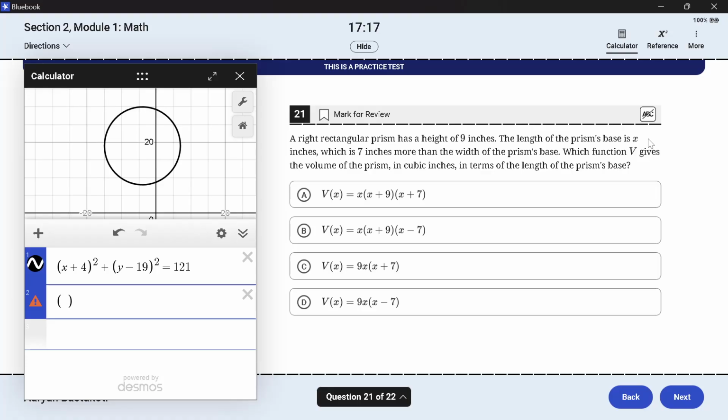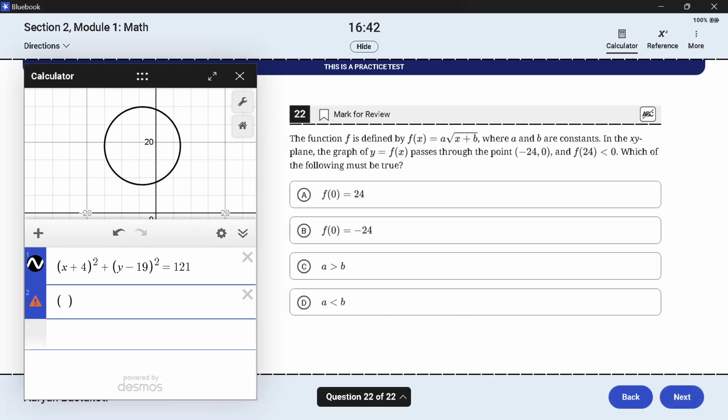So length is x inches and width is x minus 7 inches, since length is 7 inches more than the width. So the right answer would be length times breadth times height: x times x minus 7 times 9, so 9x times x minus 7.